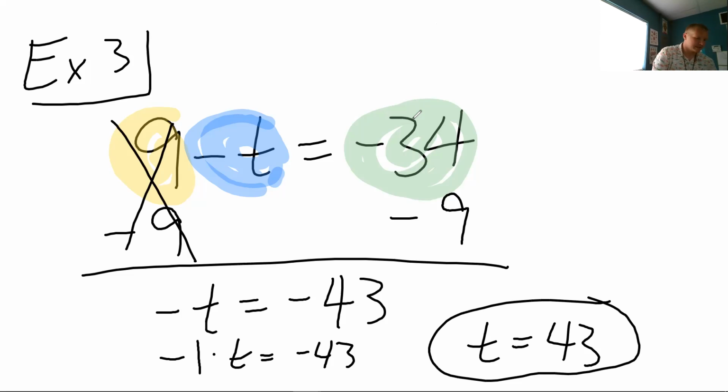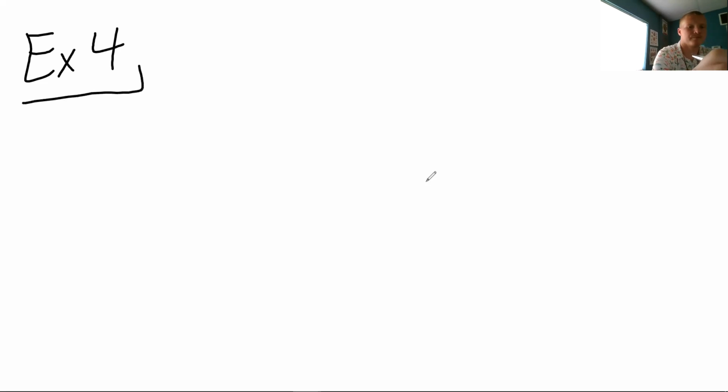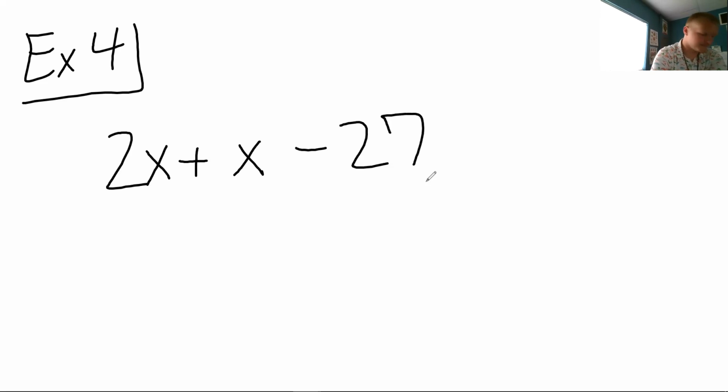Okay, example 4, combine like terms before solving. We have 2x plus x minus 27 equals positive 3.